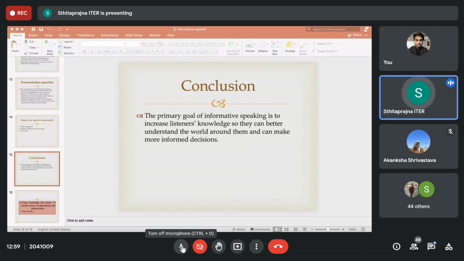I told you that you should not crowd your slides with a lot of information by directly lifting things from Wikipedia and pasting them in the slides. You have to speak. This is a speech class and you have to speak, isn't it?